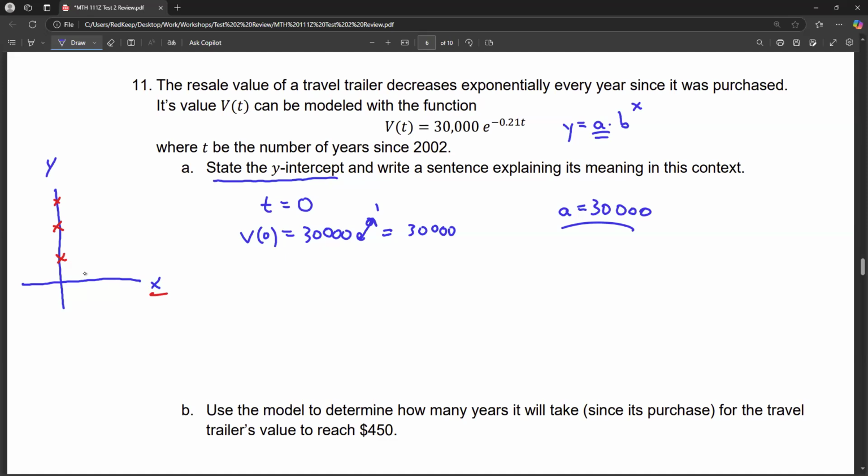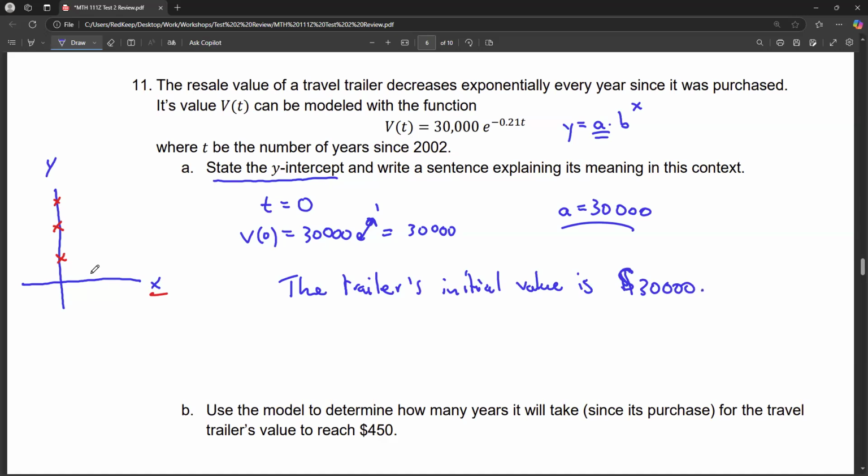This is the trailer's initial value. So you might say the trailer's initial value is, and let's do the units, this is dollars, it's supposed to be a dollar symbol, $30,000.